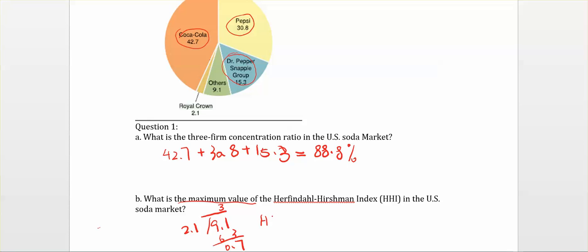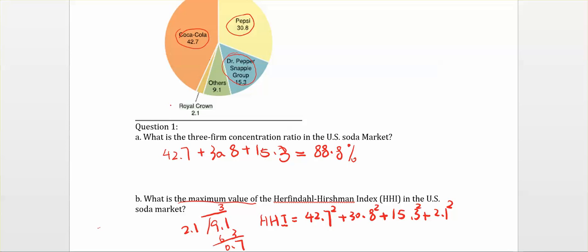So the HHI is equal to each top firm powered by 2. So it's equal to 42.7 powered by 2 plus 30.8 powered by 2 plus 15.3 powered by 2 plus 2.1 powered by 2.